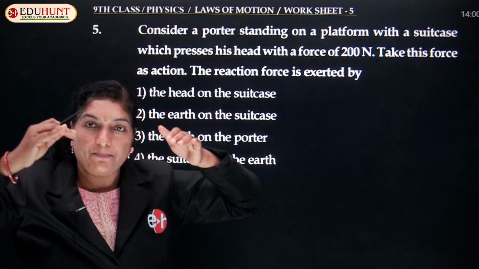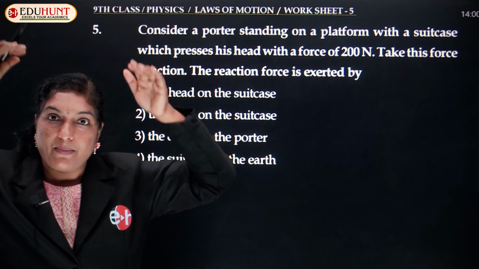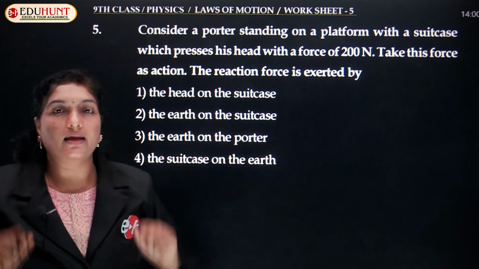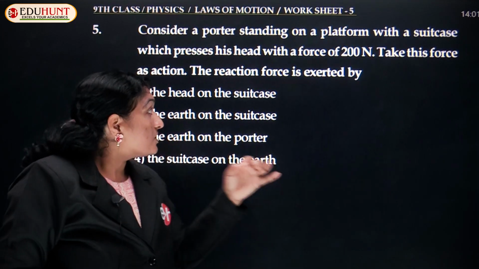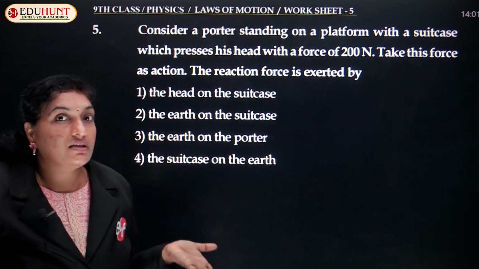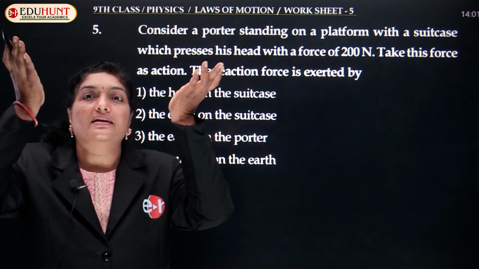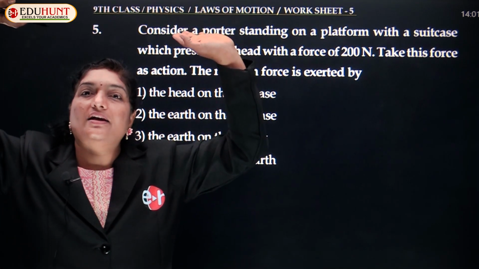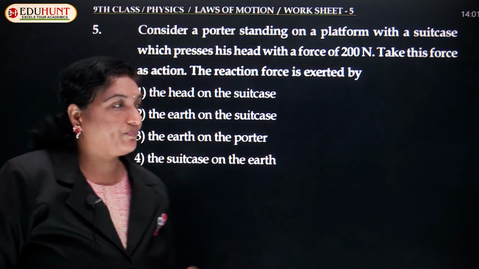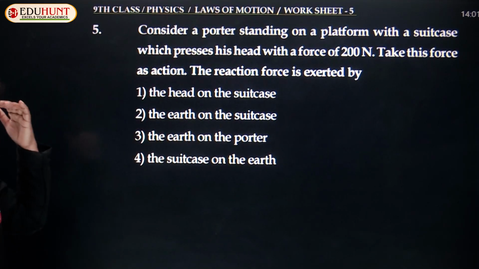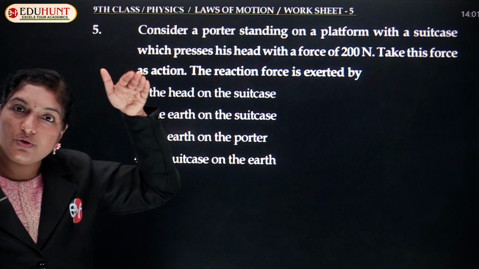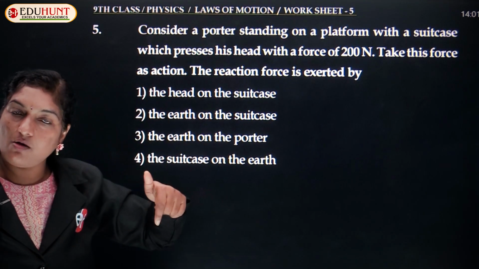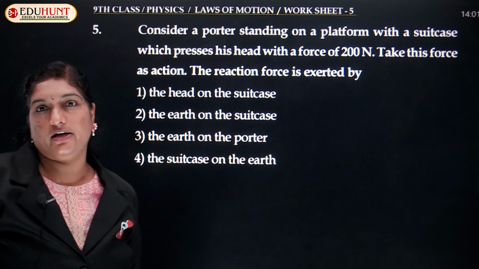This is the action part. The force exerted by the suitcase on the head is the action, that is 200 newtons. The reaction force exerted by the head is obviously the same 200 newtons in the upward direction. The force acted by the suitcase on the head in a downward direction is 200 newtons.